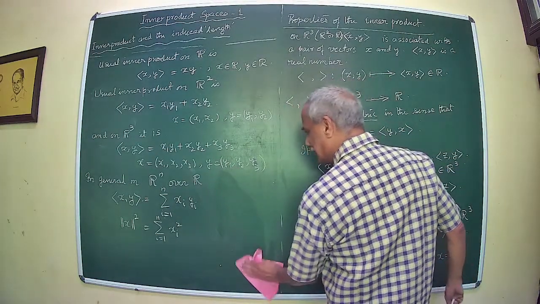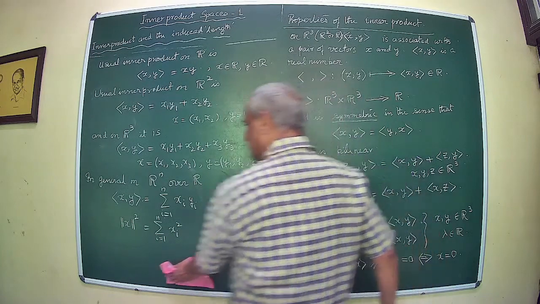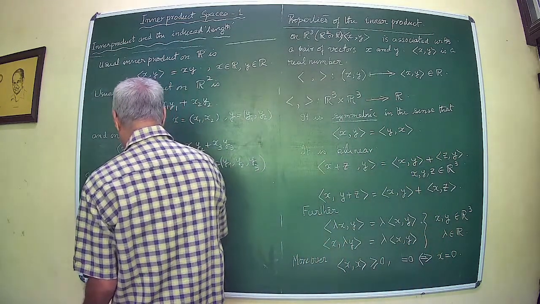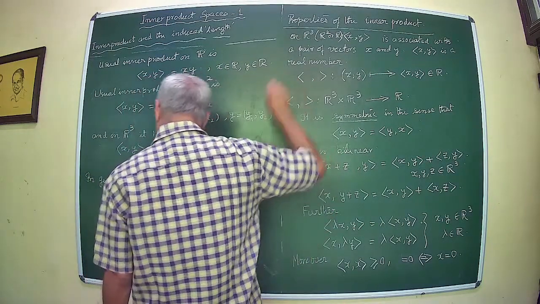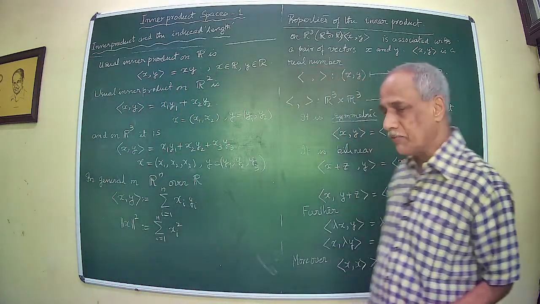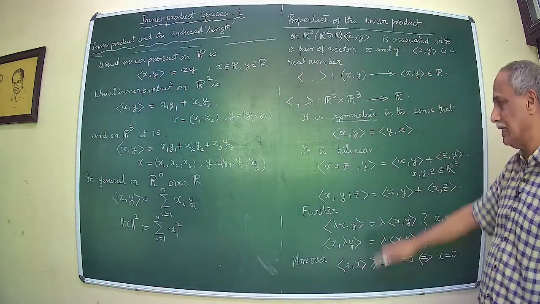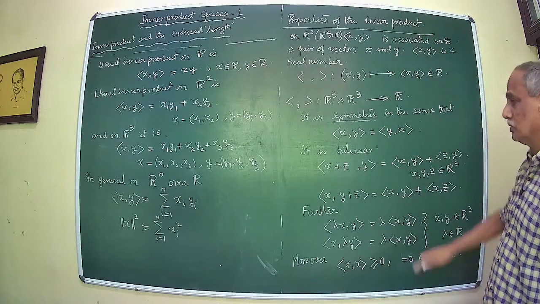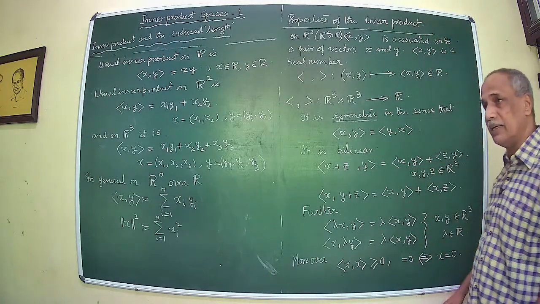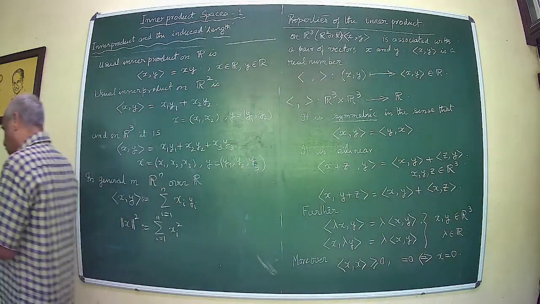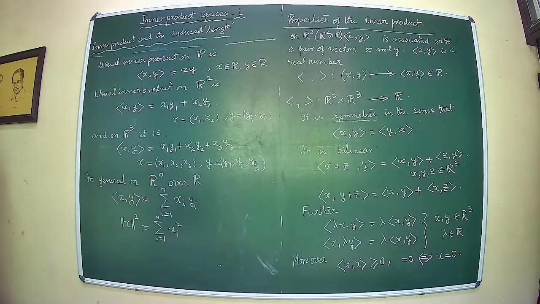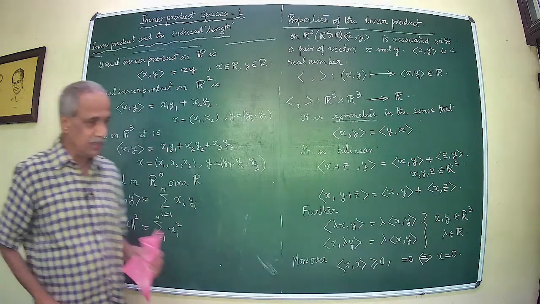You can easily check that this definition essentially satisfies all these properties. Therefore, we somehow take this as the standard properties that defines what you want to call an inner product. This is, I am talking about the usual inner product.